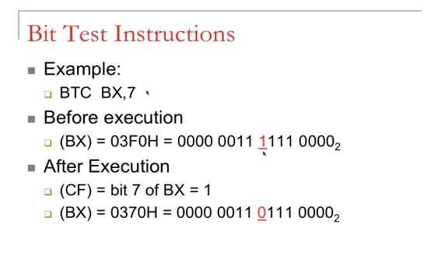Okay, let's just say we have a 0 here for the original value, and we're looking at BTR. So the carry flag will be a 0 because the original value is a 0.